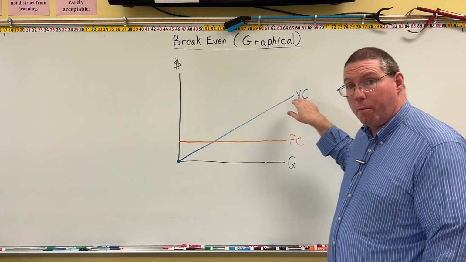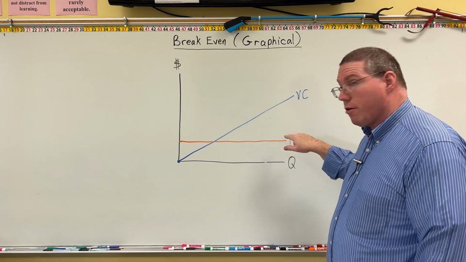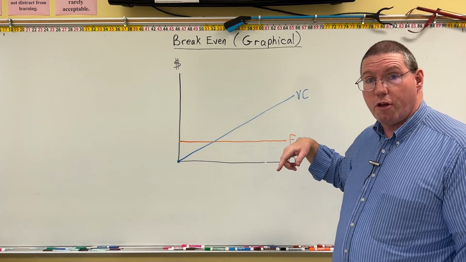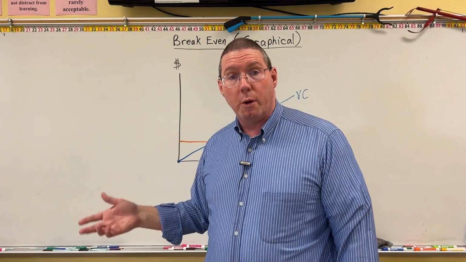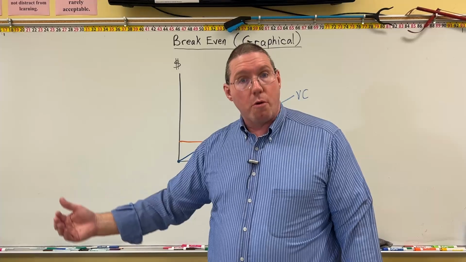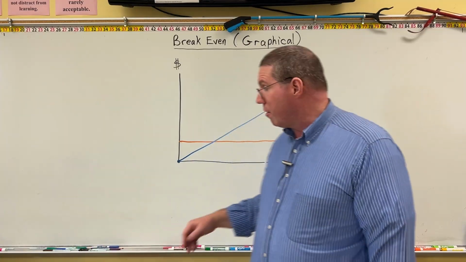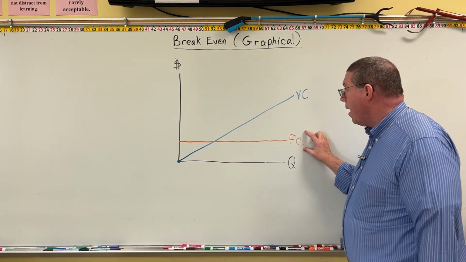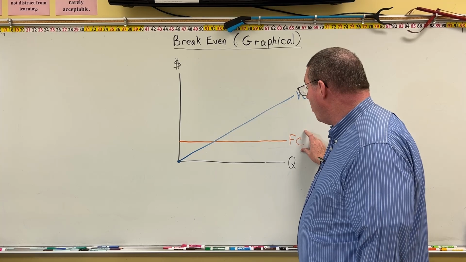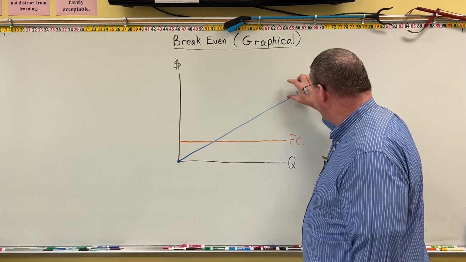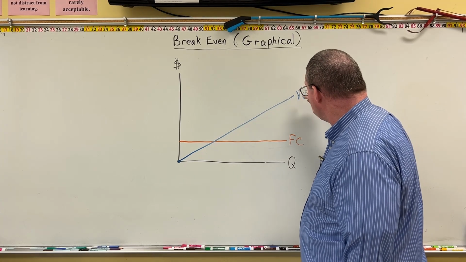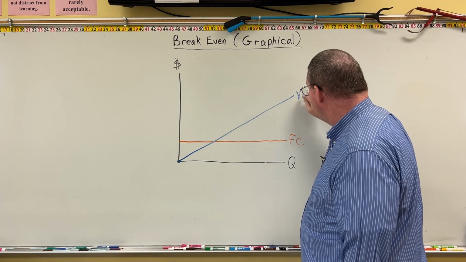It would have the same slope as variable cost because fixed cost is not changing. So if variable cost goes up by $20, total cost goes up by $20 because fixed cost is staying the same. And therefore, what we're going to have is another curve that is the distance between, above variable cost.